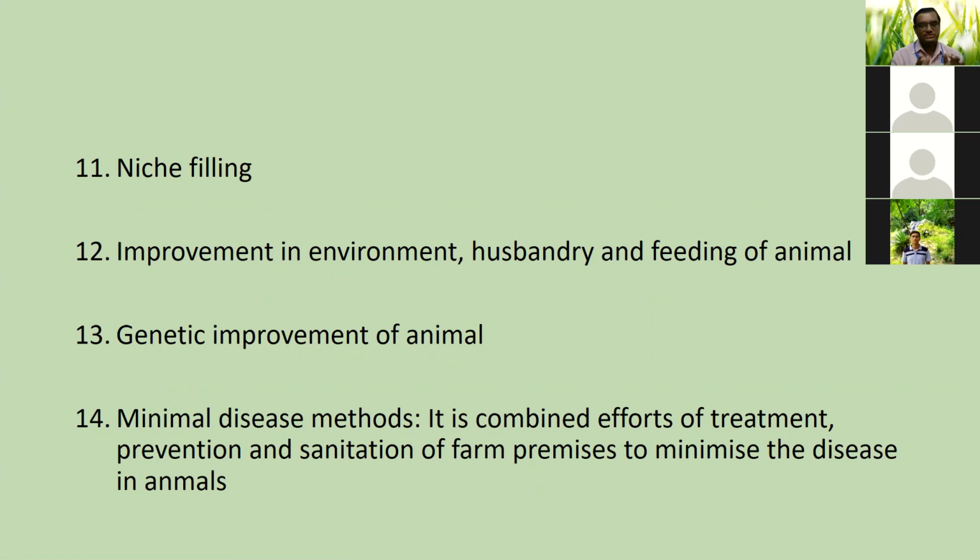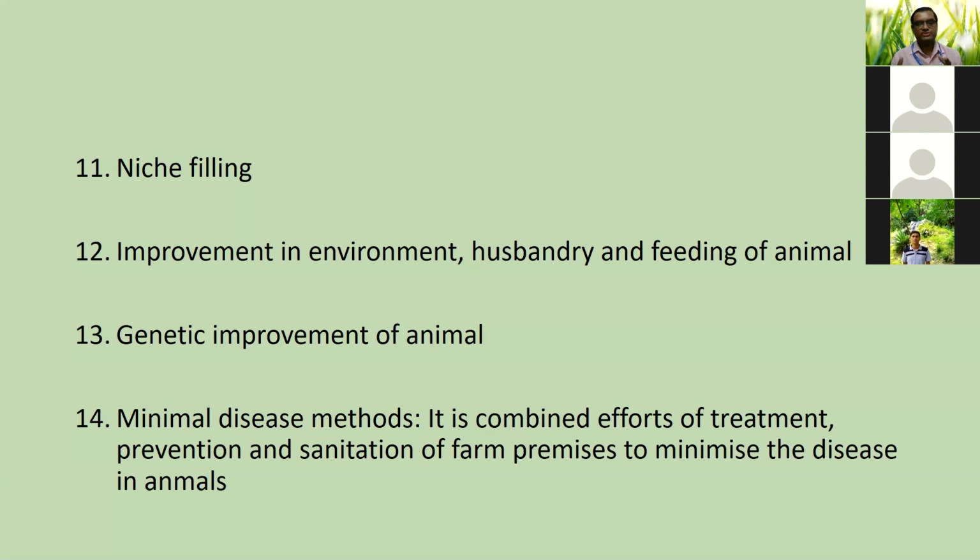Although it is difficult to have genetic improvement in human beings, in animals this is possible, and people are going for it. They are going for genetically resistant animals against a particular disease.